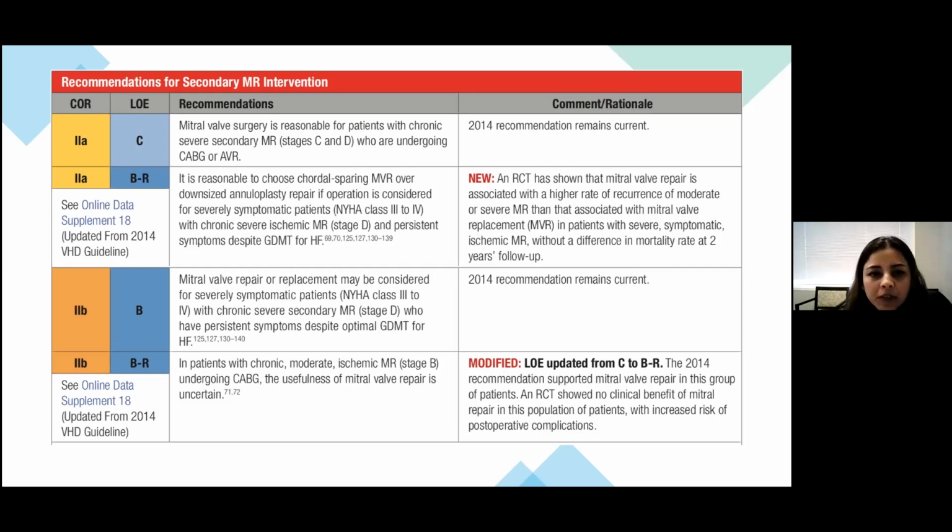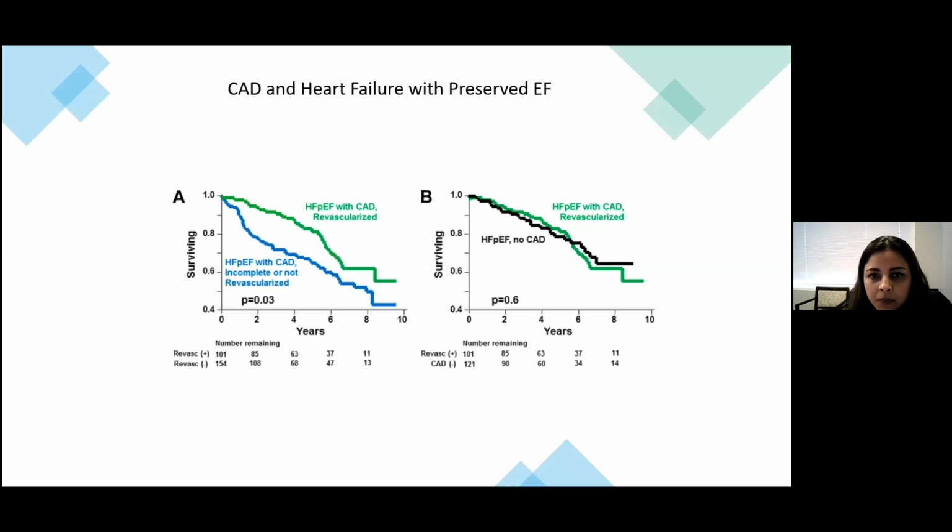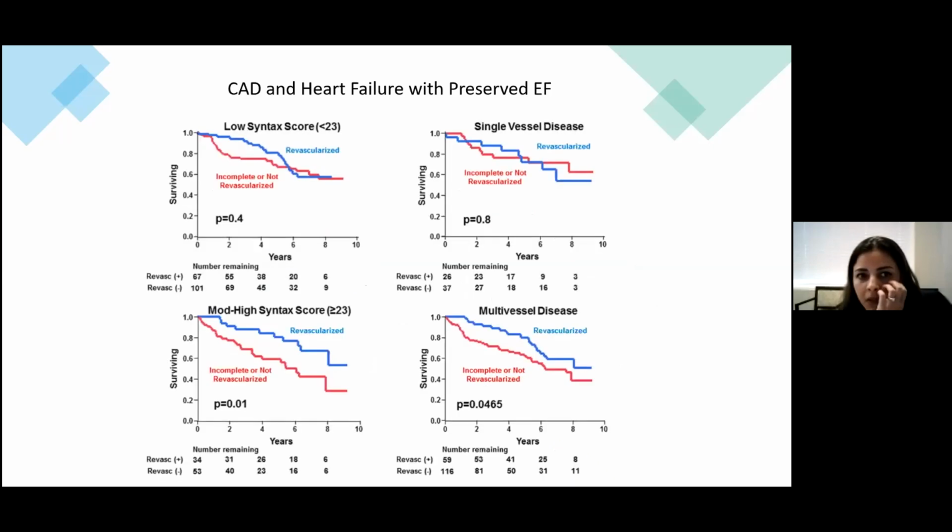I want to touch a little bit on CAD in heart failure with preserved LVEF. It's a little bit of a stray from the topic, but the reason is that there are not many randomized controlled trials. This is an elegant study done by Mayo Clinic, in which they showed that patients with heart failure with preserved EF and CAD that is revascularized do much better than those with CAD that is incomplete or not revascularized, also depending upon their SYNTAX score.